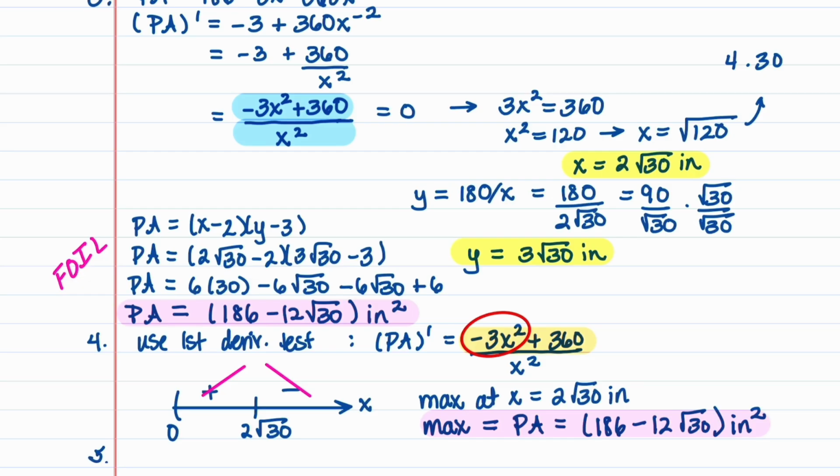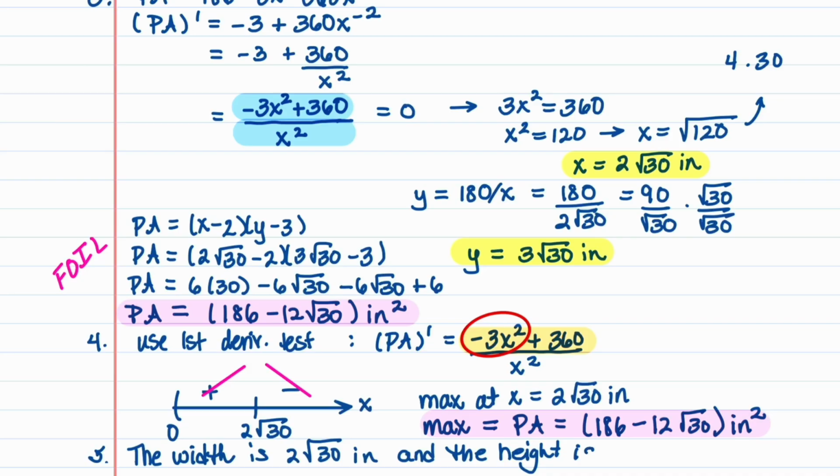Step 5, we're going to say that the width is 2 root 30 inches and the height is 3 root 30 inches. And that's our final answer.